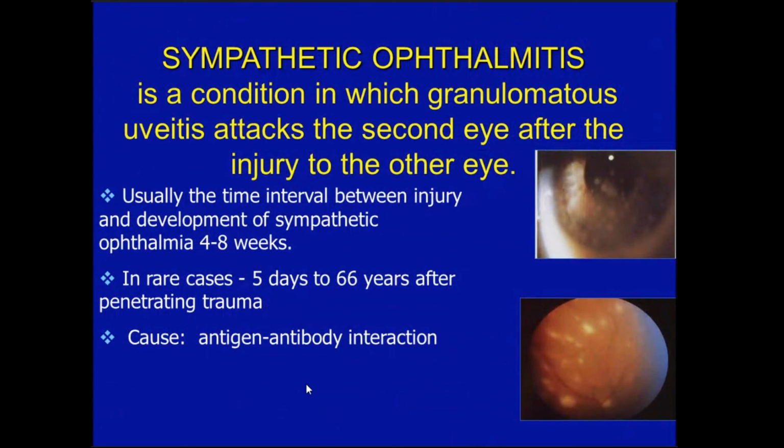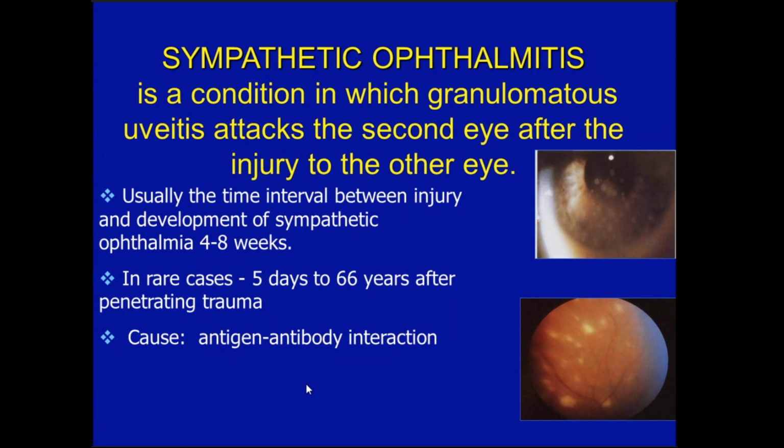Some words about a very severe complication of the penetrating eye wound, sympathetic ophthalmitis. This is a condition in which granulomatous uveitis attacks the second eye after the injury of the eye. So this is inflammation of the healthy, normal eye.